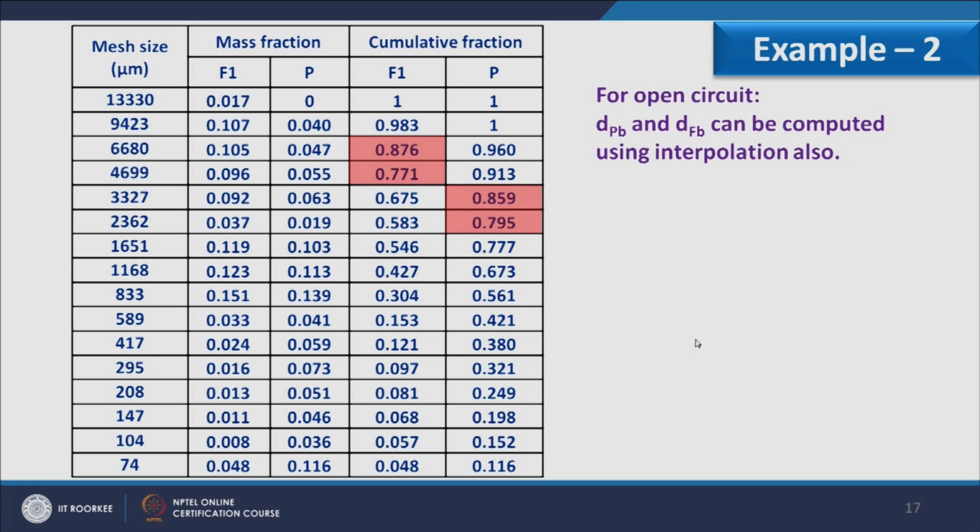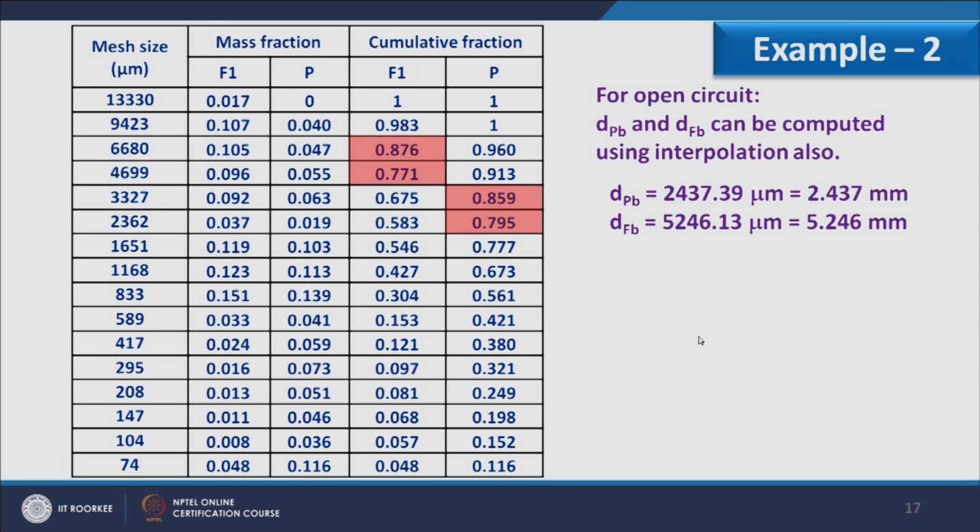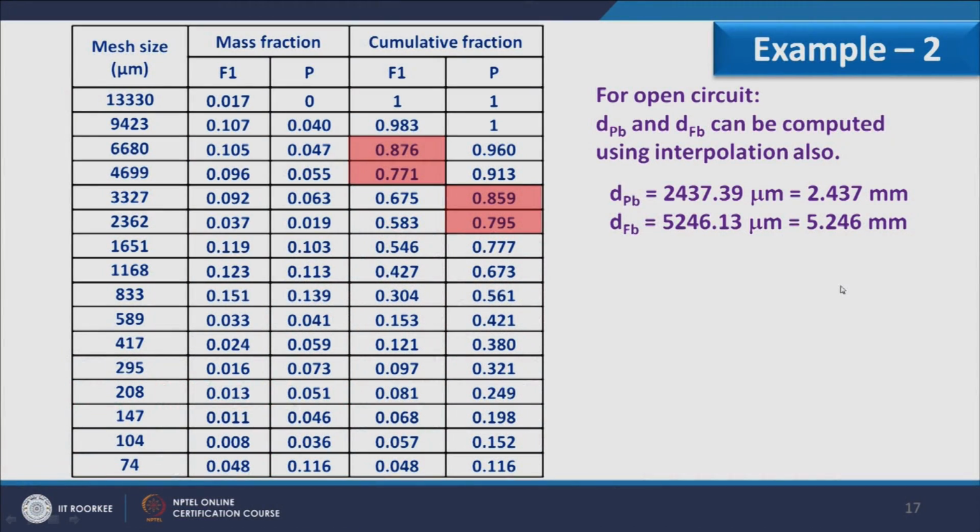However, as far as the product line is concerned, 80% will lie in between these two. So, dPb will lie in between these two. So, using interpolation we can calculate, and dPb I am finding as 2.437, which was 2.5 in the graphical representation, and dFb value 5.246 mm we can find from the interpolation.